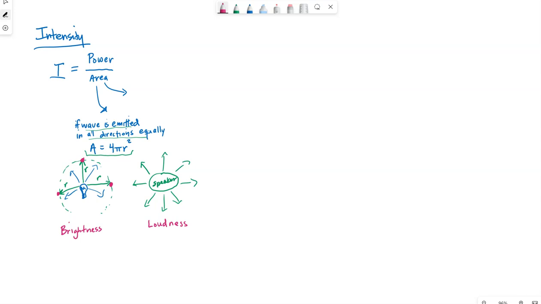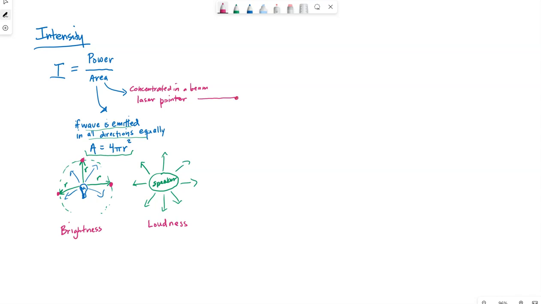Now, the other way a wave can be transmitted is it could technically be concentrated in a beam of sorts. So, for example, a laser pointer. The light comes out of the laser pointer as a beam.